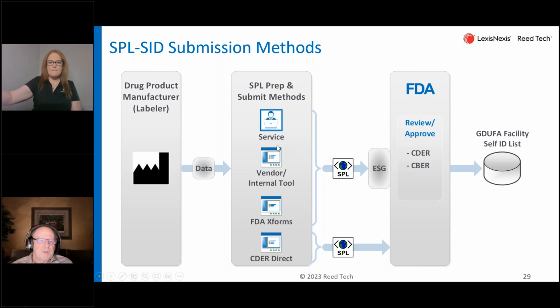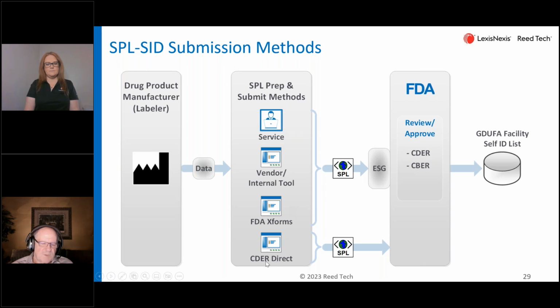The other option is to have either a third-party vendor or an internal tool used to create that SPL content. And the two on the bottom here are FDA offerings, FDA XForms, where you can log in, create an account, and make manual entry to create that SPL file.